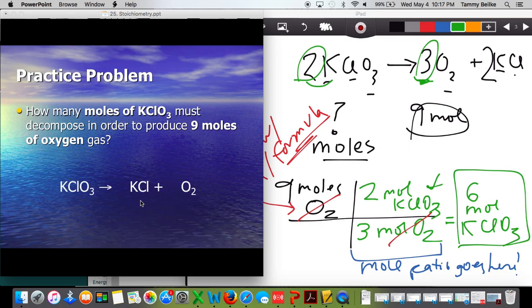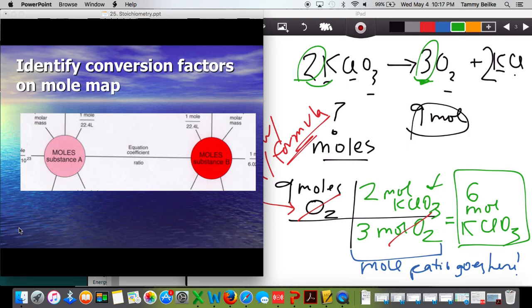So there's my equation. Sometimes it's given to you like this. Then you need to balance it. We balanced it. We then identified we needed to form 9 moles of oxygen, and we were trying to figure out how many moles of KClO3 this would come from. We used our mole map. The only conversion factor was the equation coefficient ratio, aka mole ratio.